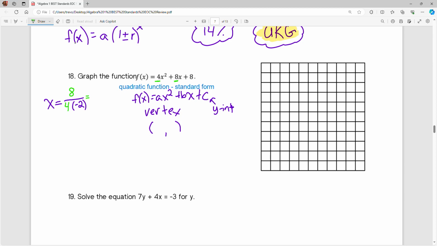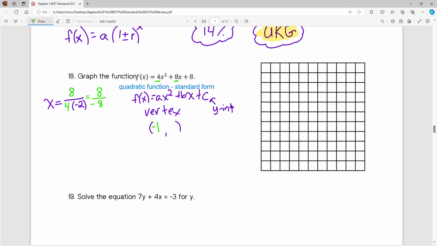Equals, top stays an 8, but the bottom, 4 times negative 2. A positive times a negative is a negative. 4 times 2 is 8. A positive divided by a negative is a negative. And 8 divided by 8 is 1.